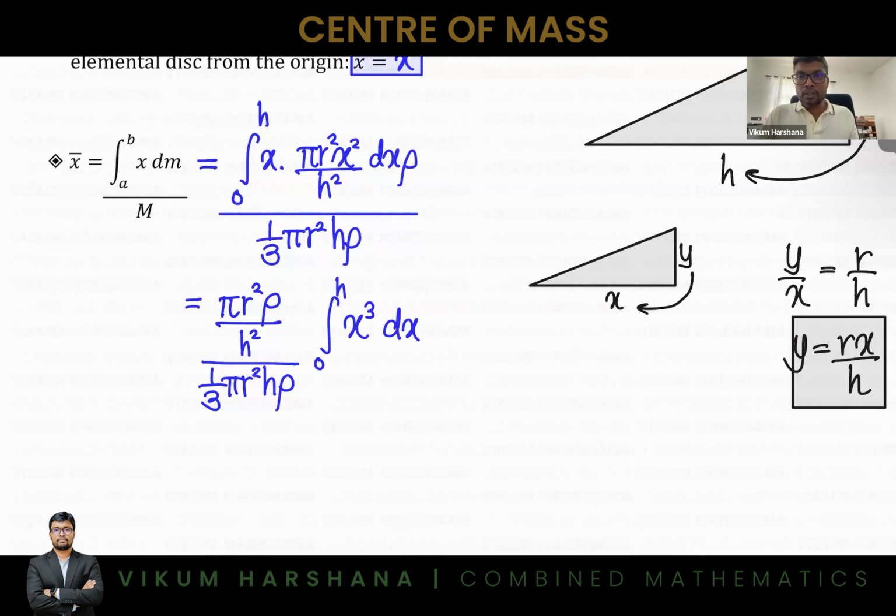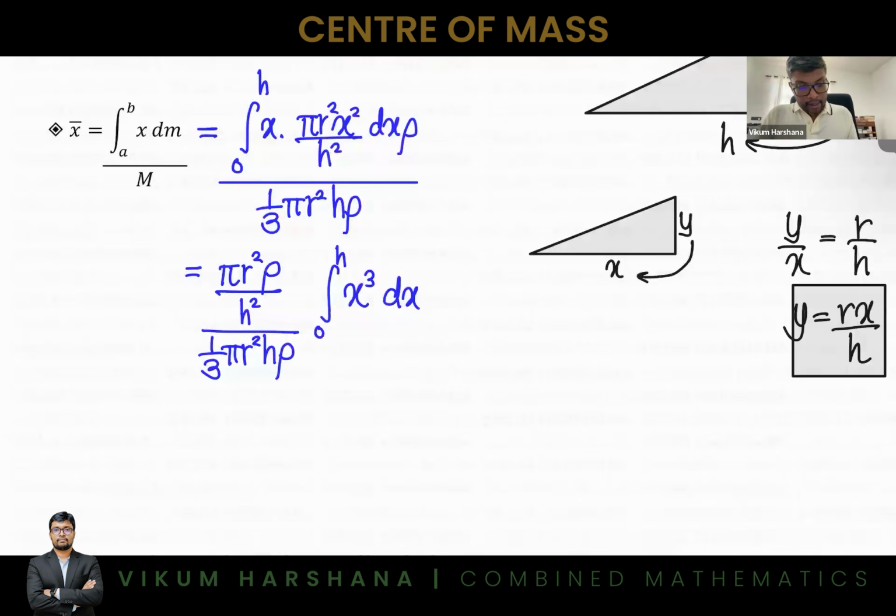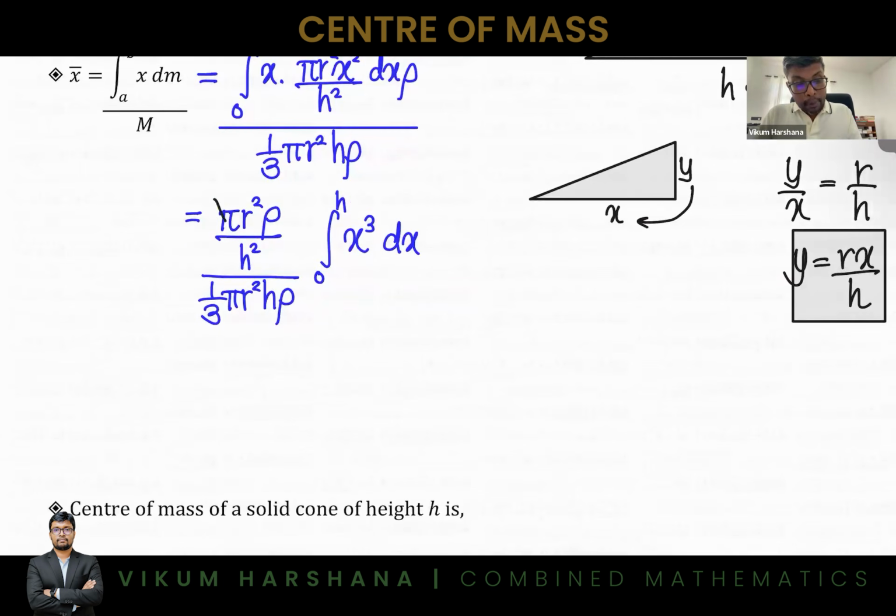So the integration part is not going to be hard. Now let's cut all the constants. Pi cuts pi, rho cuts rho, r squared cuts r squared. So what is the remaining part? 3 goes up and h squared comes down, so it's 3 over h cube.